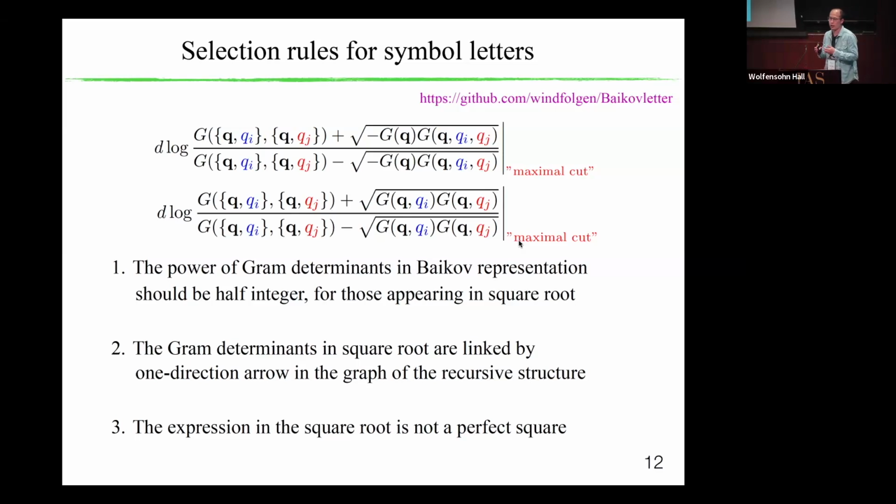This is very obvious because we know the leading singularity. When we construct the log form, we localize to some singularity, then the power of the Gram determinant should be compatible with the Baikov representation.